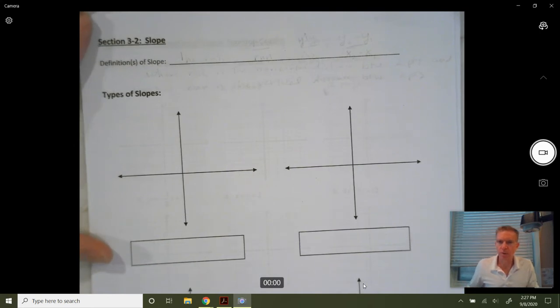Now, slope is a term that applies only to linear functions. Okay.